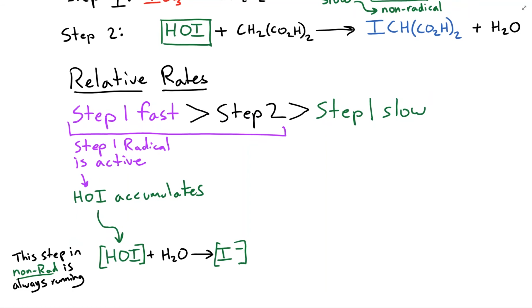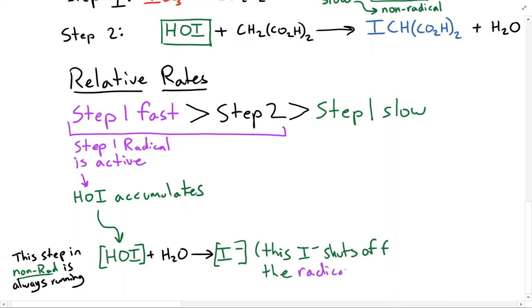As this goes, this I⁻ shuts off the radical pathway. This is a really key step.